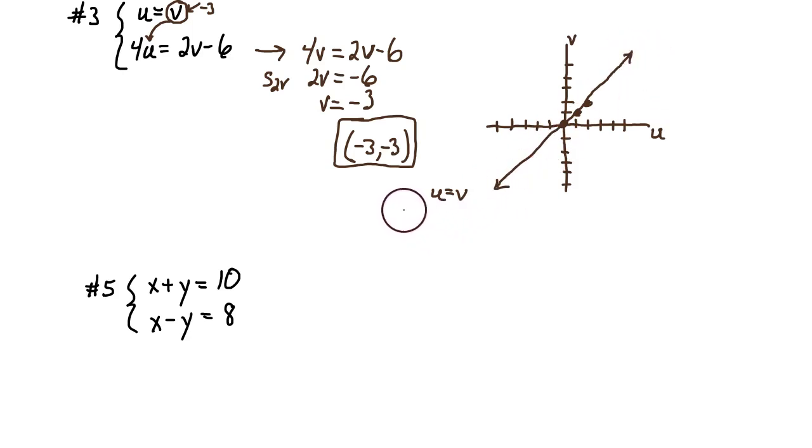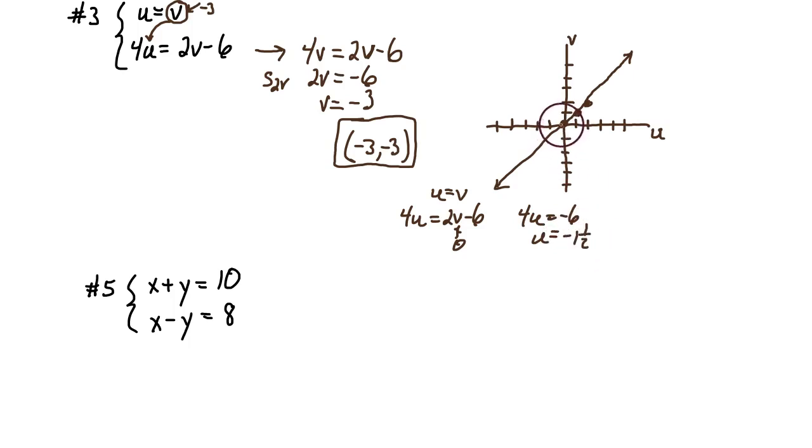Our other equation was 4u equals 2v minus 6. Let's locate the intercepts by filling in the zeros. We can fill in a 0 for the letter v. This will become 4u equals negative 6. When you divide both sides by 4, you get negative 6 over 4, which reduces to negative 1.5.